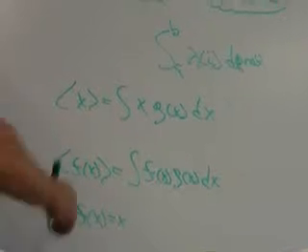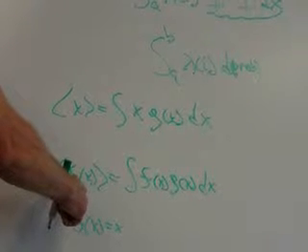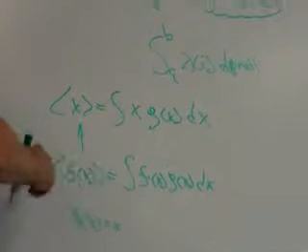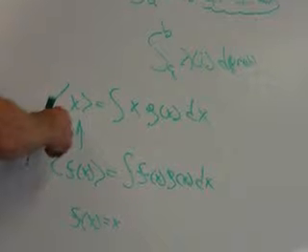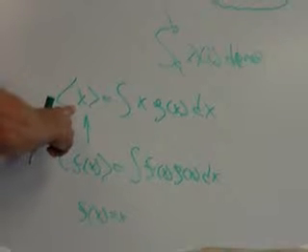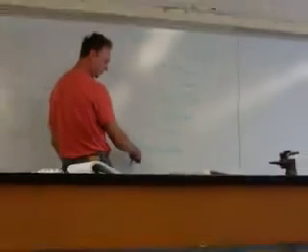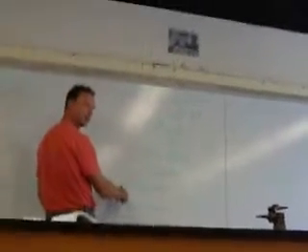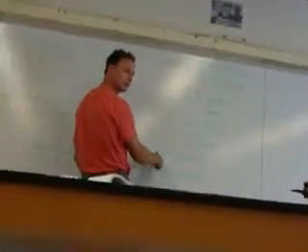Then what does this become? That's just x. That's this. So this is just a generalization of that. This is a general function. This is an explicit function. They're given an explicit function.